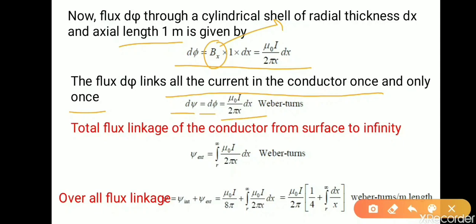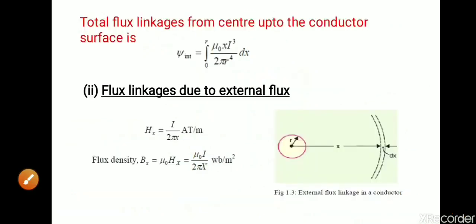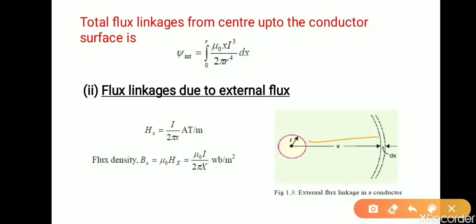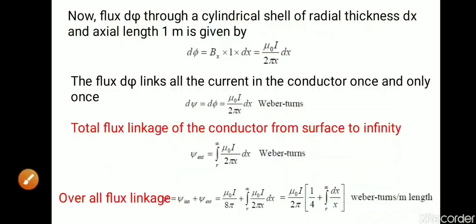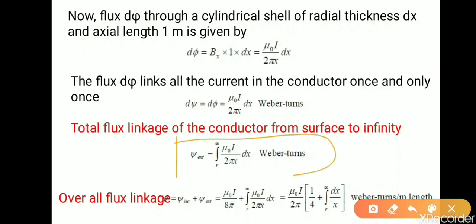So the total flux linkage of the conductor from the surface of the conductor to infinity is given by the integral from r to infinity of μ0 I by 2πx into dx Weber turn.